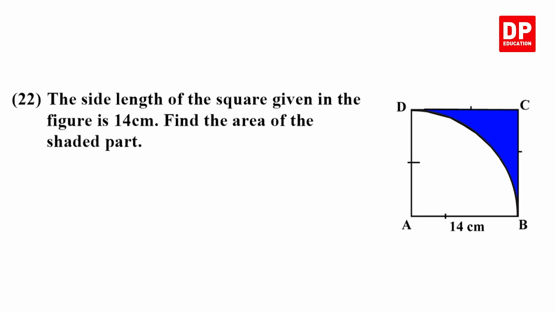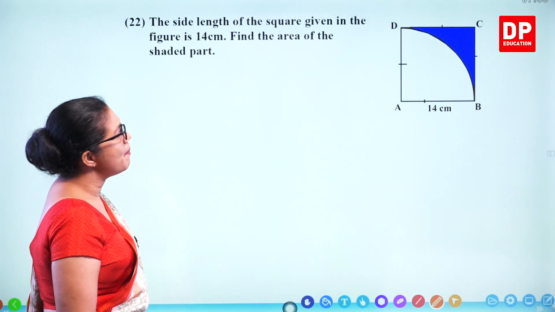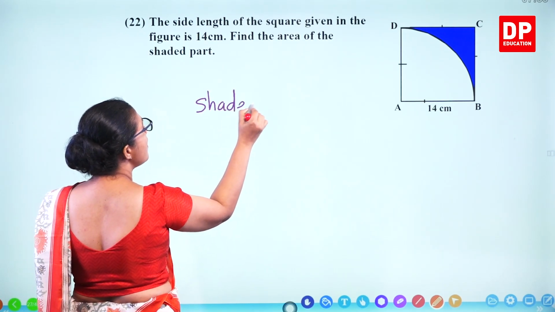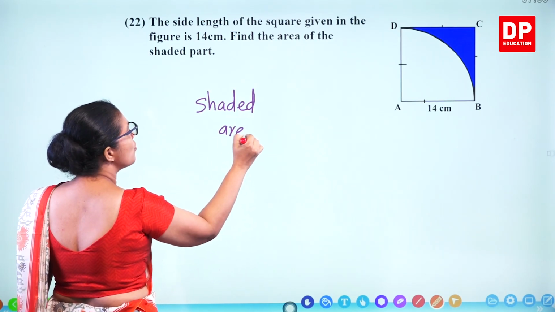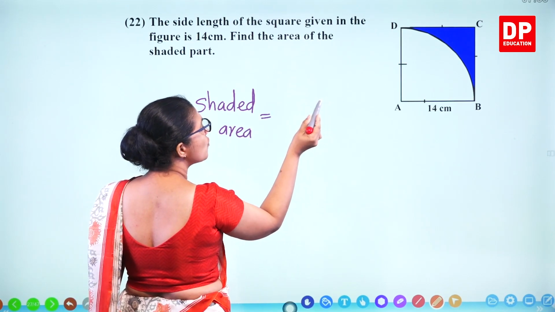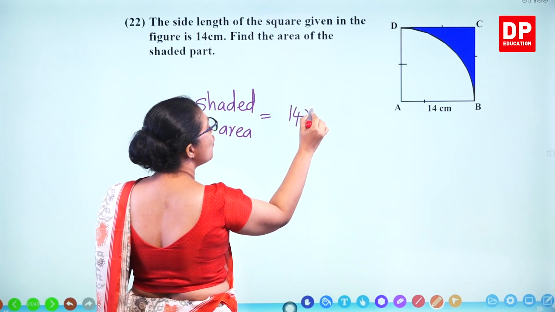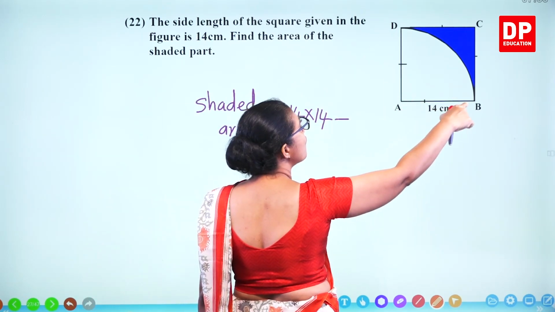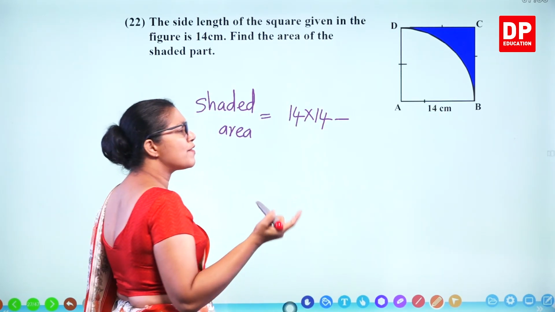The side length of the square given in the figure is 14. That's a square. Find the area of the shaded part. So how can we find out the shaded part? Area. First write down shaded area is equal to area of the square, 14 times 14, minus area of this sector, quarter of a circle.